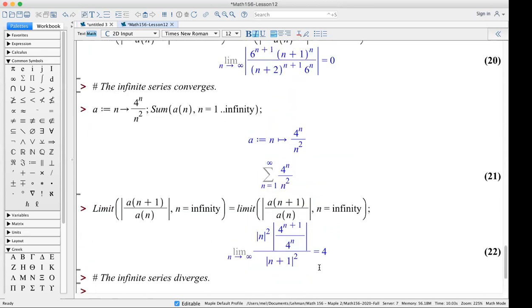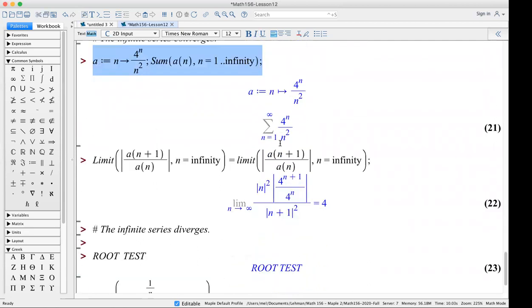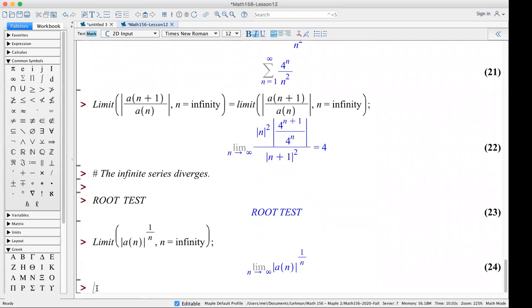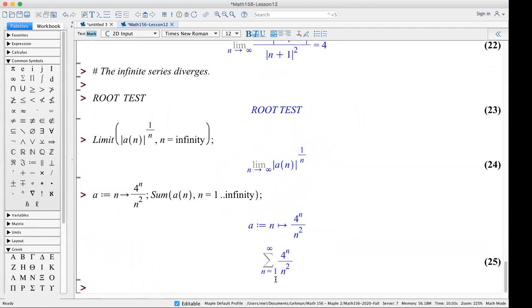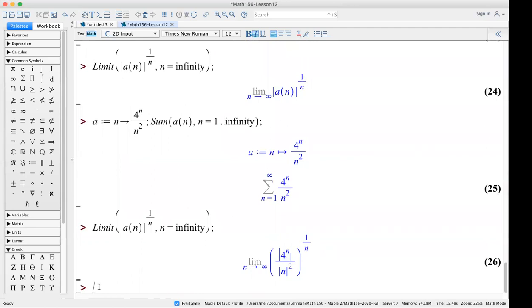So let's look at this last example. This is the infinite series. This is the limit we want to understand. Let's compute the limit. The limit's 4.